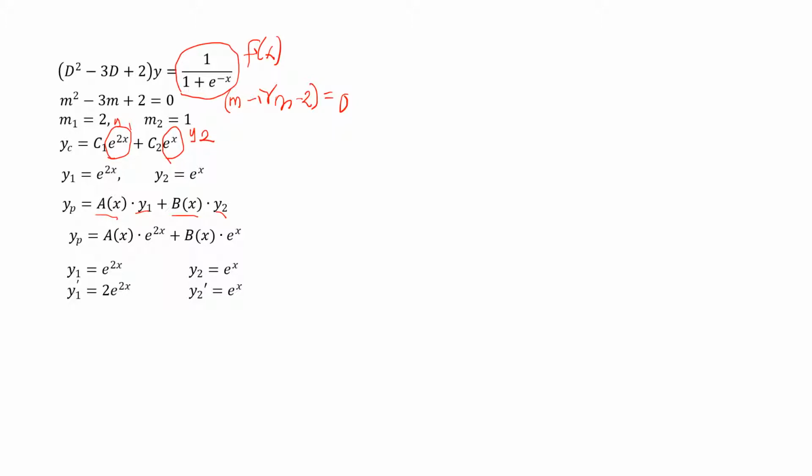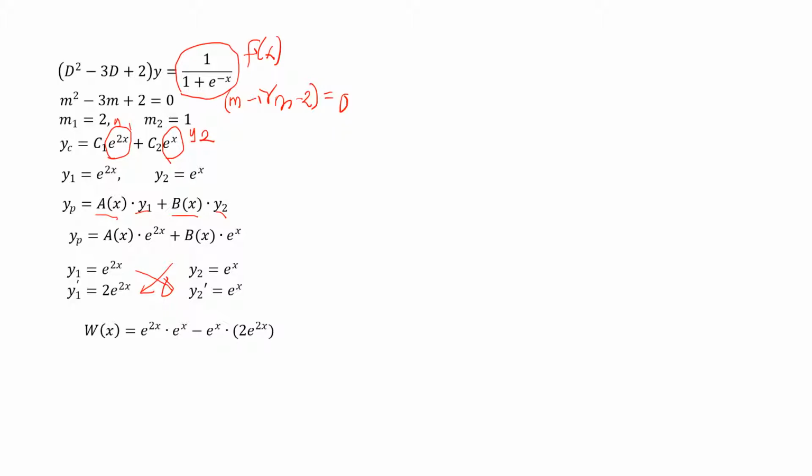The Wronskian is just the difference of the product of these two arrows. Your Wronskian is this one: e to the 2x times e to the x minus e to the x times e to the 2x. Observe our formula.